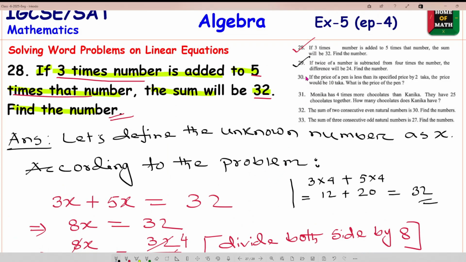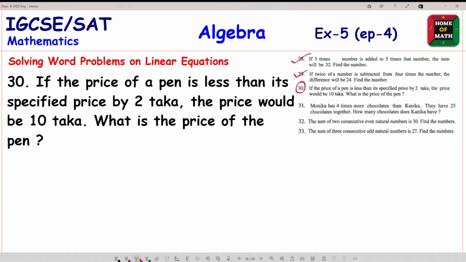Now we will start number 30. If the price of a pen is less than its specified price by 2 taka, the price would be 10 taka. What is the price of the pen? So do you understand anything?